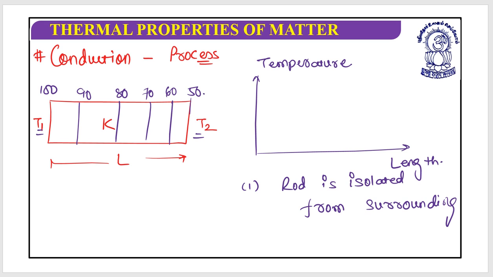It is something like this. I hope you understood this. Yes, so this could be plotted something like this. This is the highest temperature and this is the lowest temperature, but in this situation we have mentioned that the rod is isolated from the surrounding.